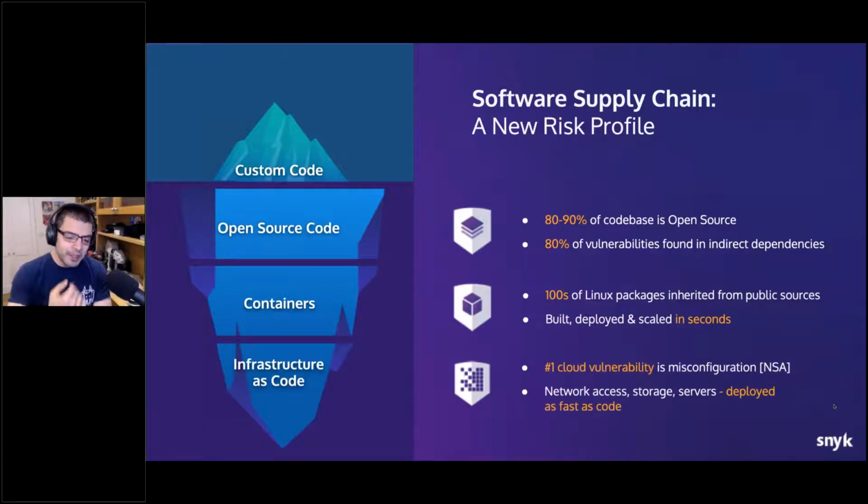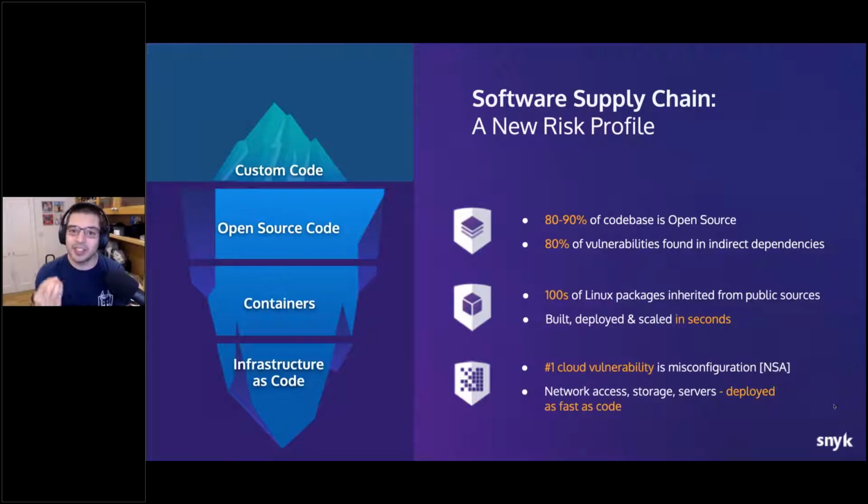And then finally, when we think about the automated world that we want to live in, infrastructure as code is something which is very crucial for this to occur. And all of these things, from custom code all the way through to infrastructure as code, tend to be artifacts that are checked into a Git or some kind of code repository. One of the core things with infrastructure as code that is a big issue for people is misconfigurations.